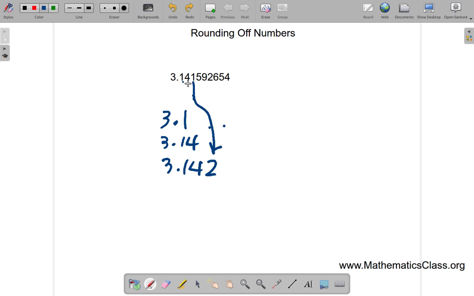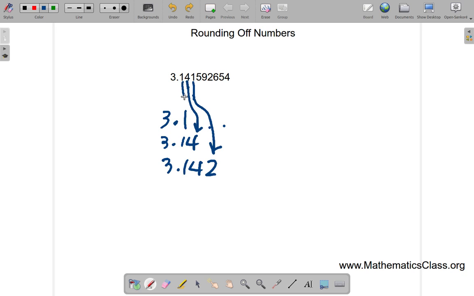If you're going to stop here and the digit to the right is less than 5, then you just keep the digit where you're going to stop and write it down.